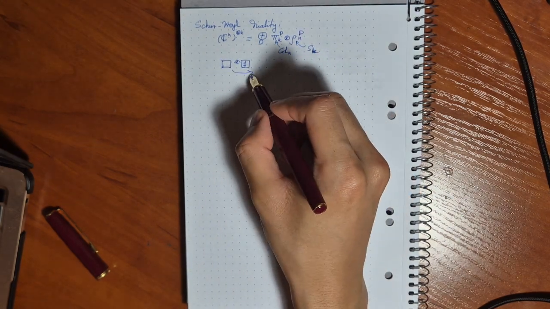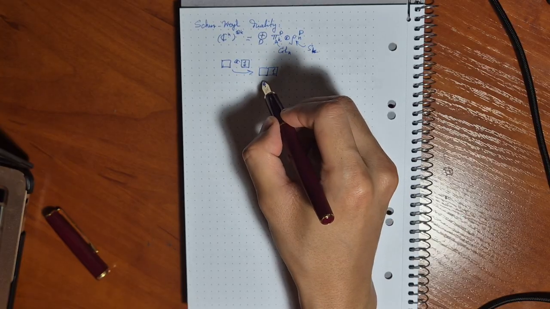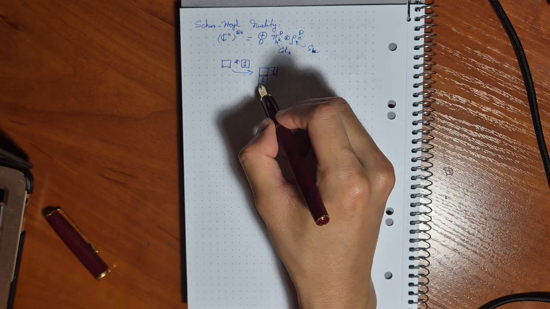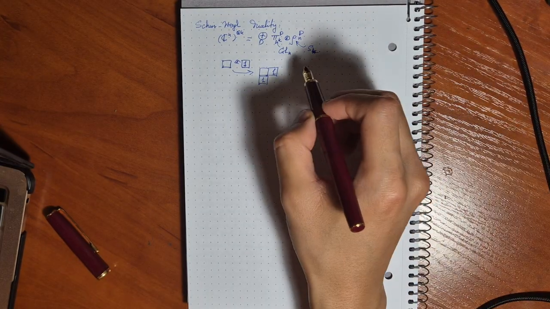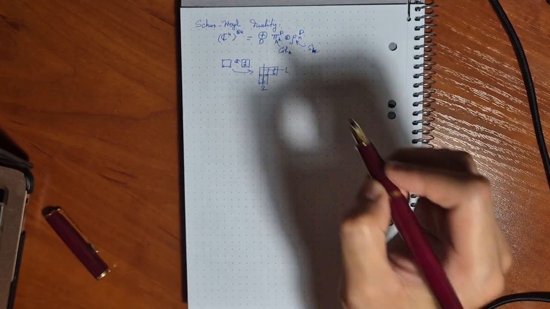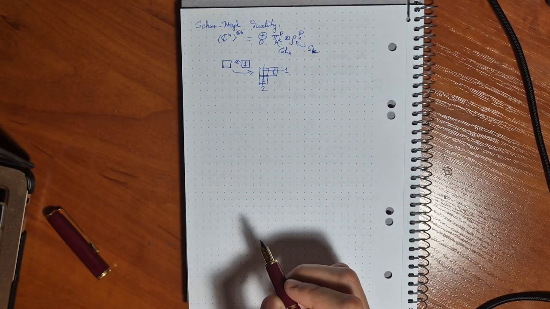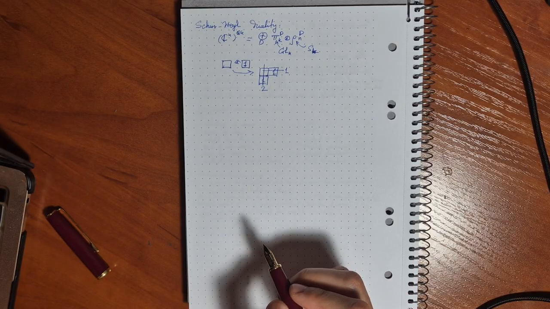So what happens specifically in this case is we have two possible ways. I did this the incorrect way, but this is one way of doing it, and this is the second way of doing it.